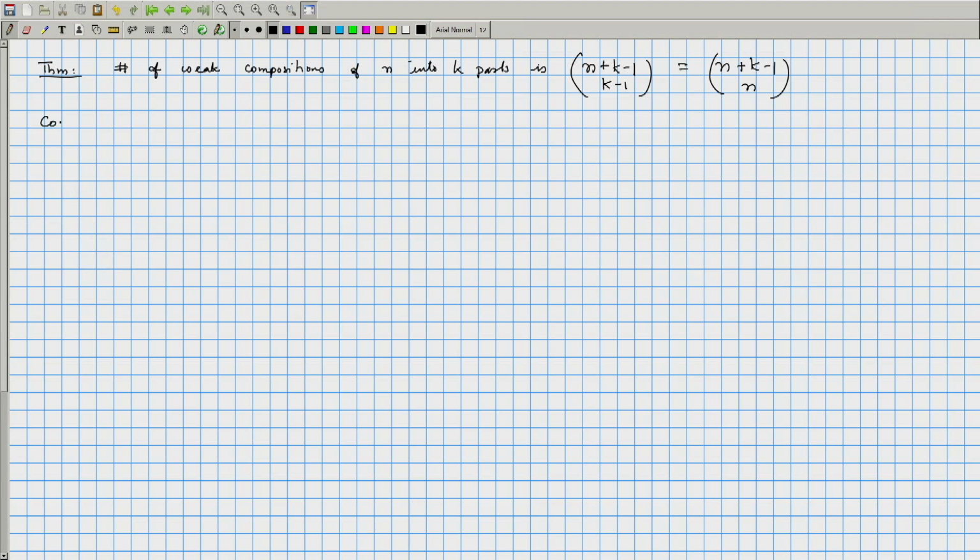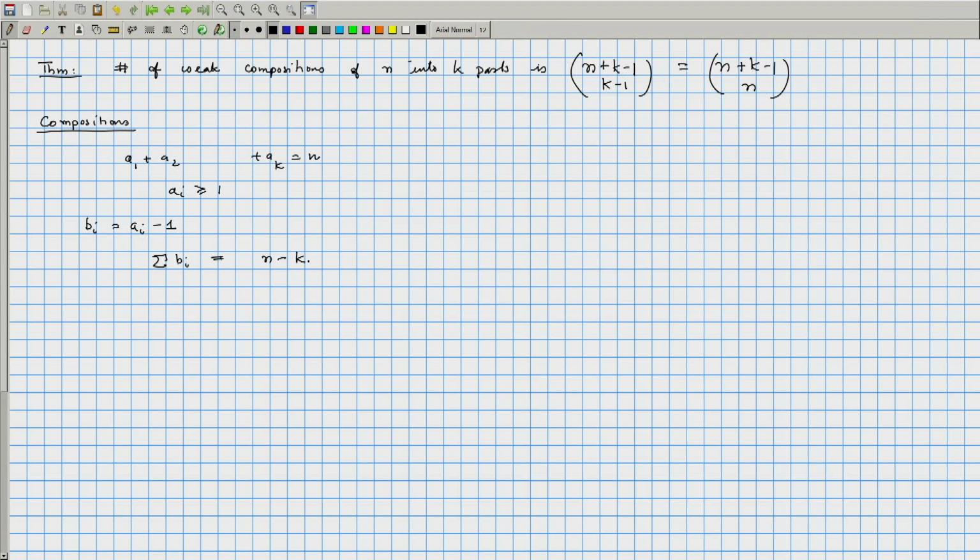When we are counting compositions, what we were interested in is a1 plus a2 plus ... plus ak should be equal to n, and each ai should be greater than or equal to 1. If we define bi to be equal to ai minus 1, then the summation of bi should be equal to n minus k. Okay.